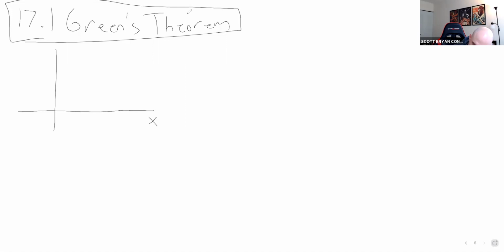So the setting for Green's theorem is we're in R2. Green's theorem has to be in the plane. Stokes' theorem is basically the three-dimensional version of Green's theorem, but for Green's theorem, we're in the plane. And C is going to be some closed curve.